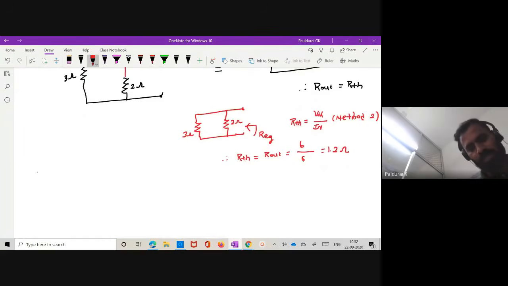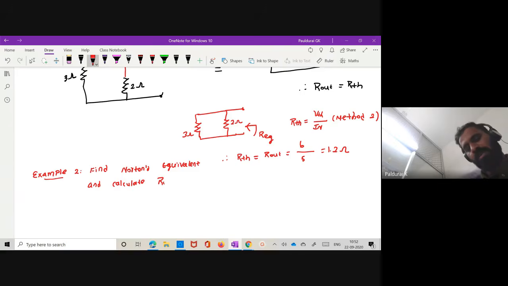This time, the question is: find Norton's equivalent and calculate R out for maximum power.